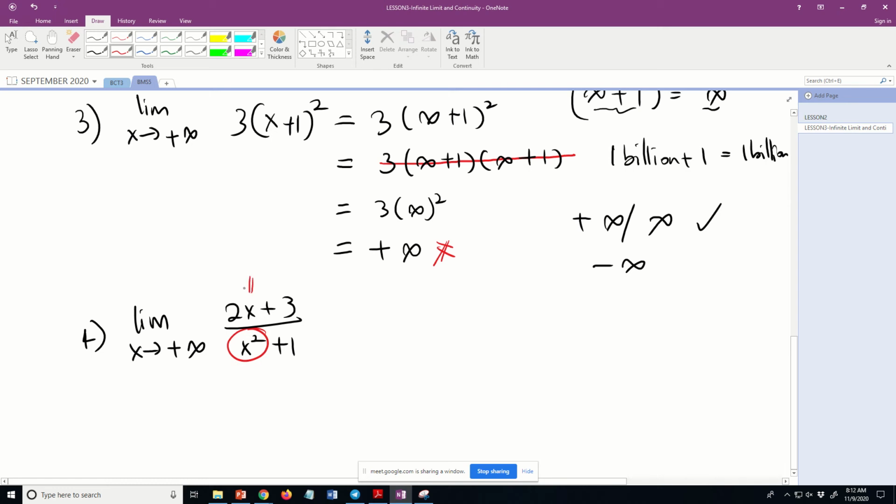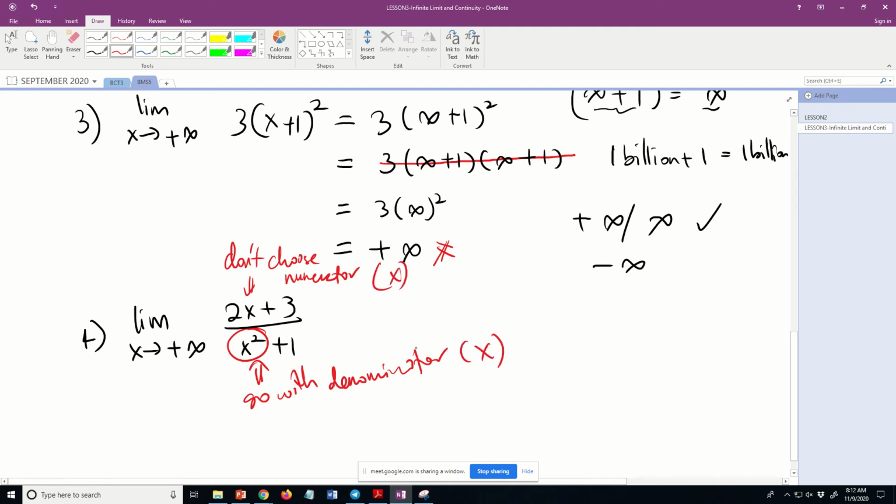Don't choose the numerator. Go with the denominator. So if you go with the denominator's x, then it's easy to do.